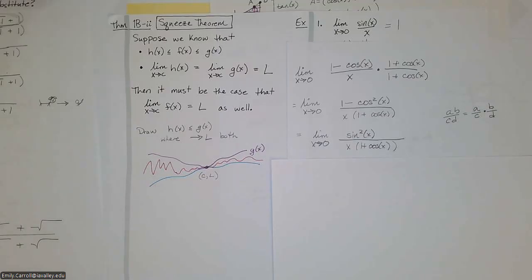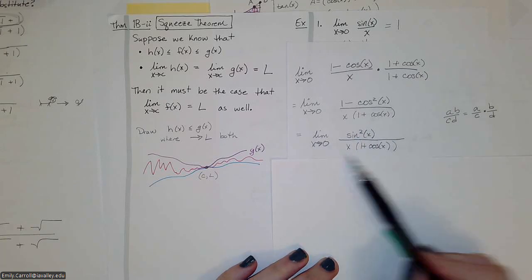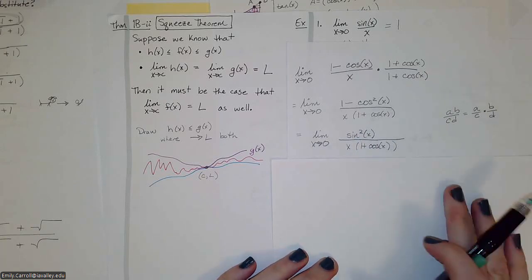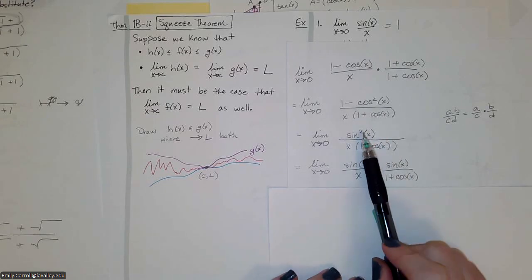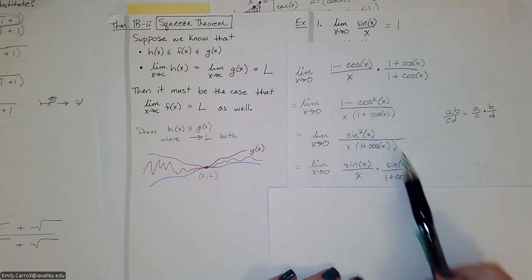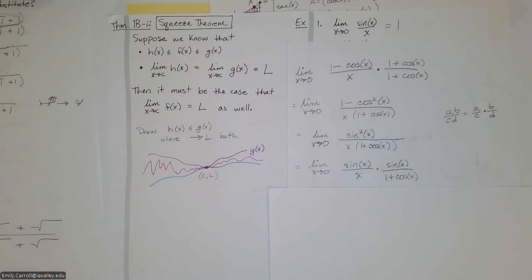Applying the same logic here, where A and B are both sine, and then C and D are x and 1 plus cosine, I can split that up this way. So one of these sines goes here, one goes there, and then we have the x and the 1 plus cosine. Cool? Well, the limit of the product is the product of the limits.